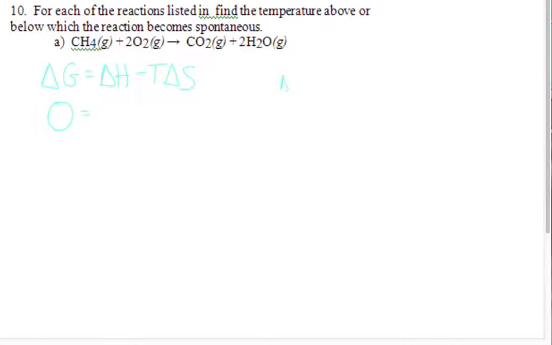So delta H is equal to 1 times CO2, which is on the bottom, negative 393.509, thank you, plus 2 times H2O gas, negative 241.818.